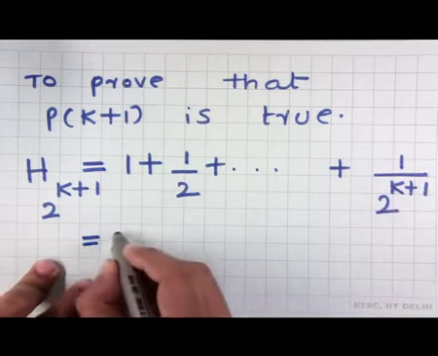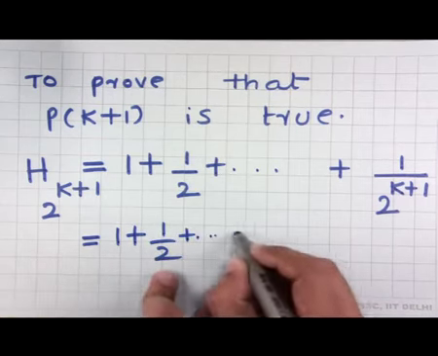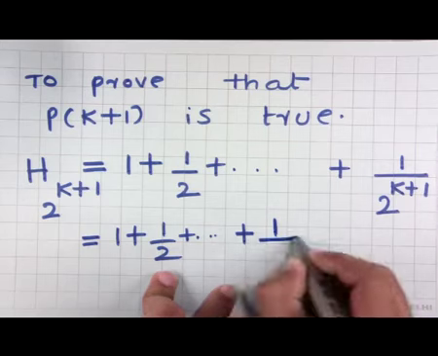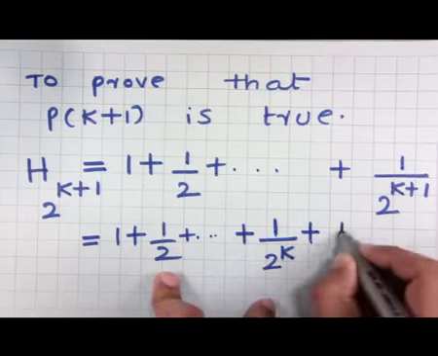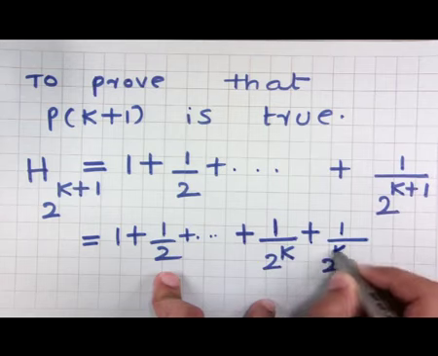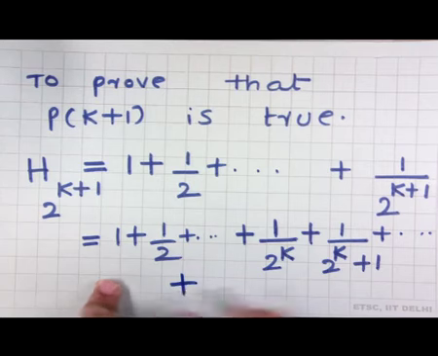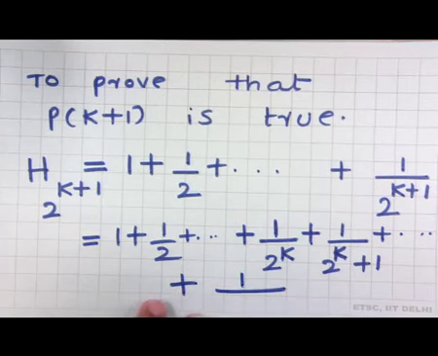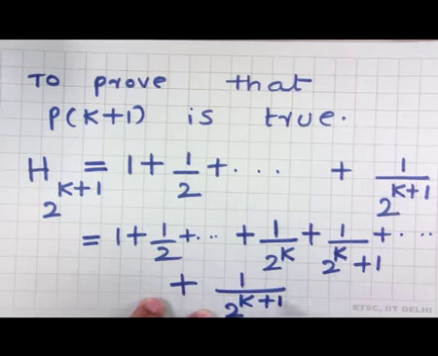Let me write some few more terms, 1 plus 1 by 2 plus etc. An intermediate term will be 1 by 2 power k, its successor will be 1 by 2 power k plus 1, and so on. The last term is actually 1 by 2 power k plus 2 power k, that is 2 power k plus 1.